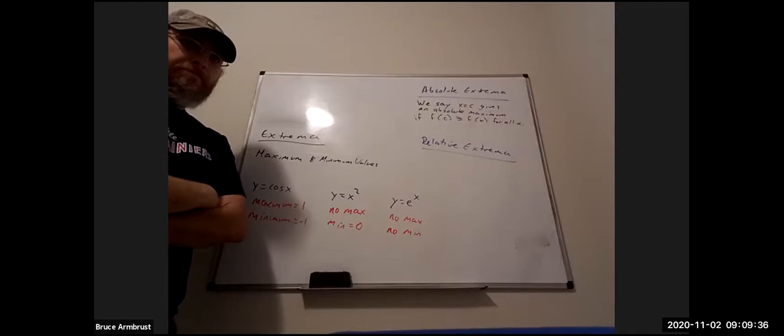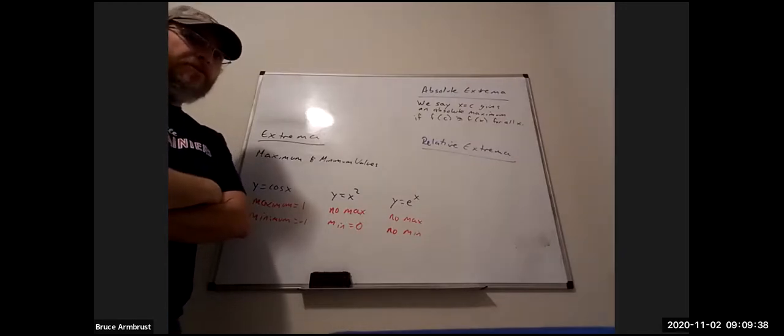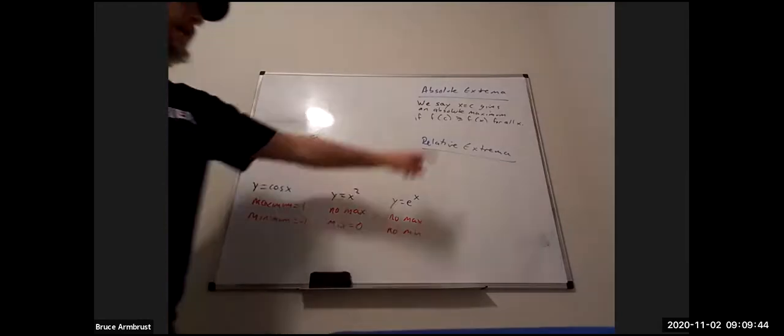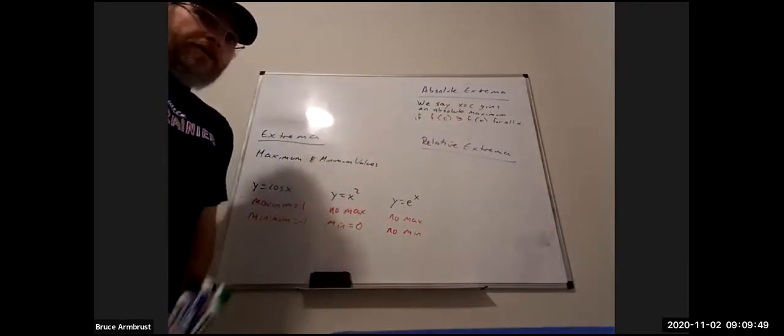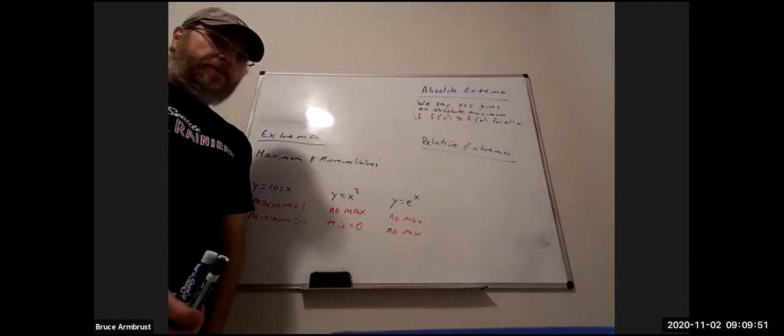But that should make sense, right? Absolute maximum. It is the largest value that you can get. Okay, so f of c is greater than or equal to f of x, no matter what x is.